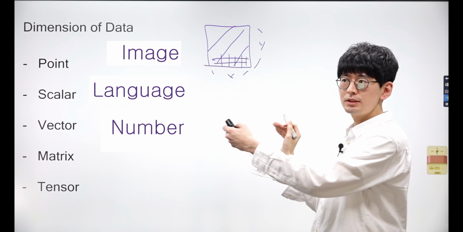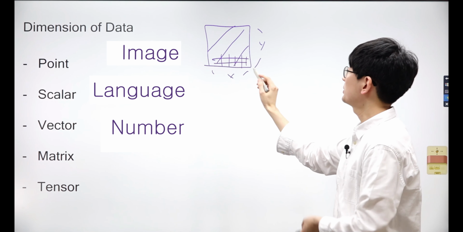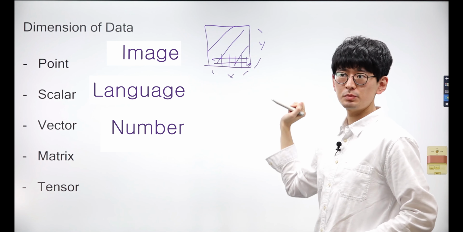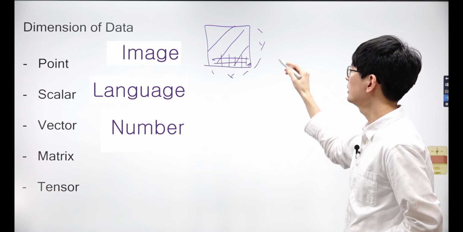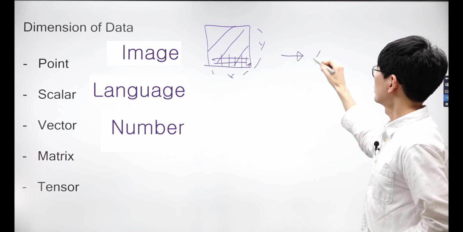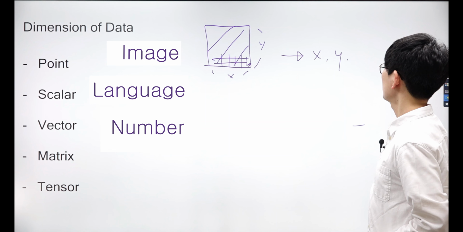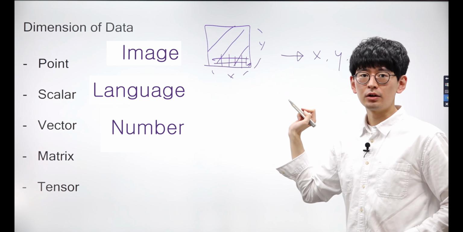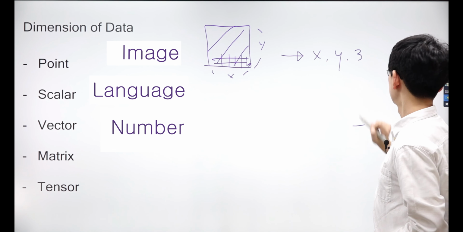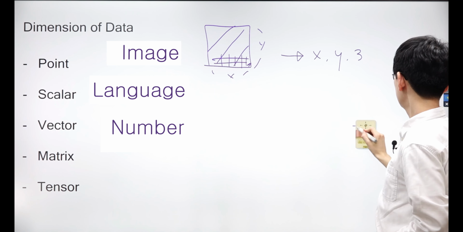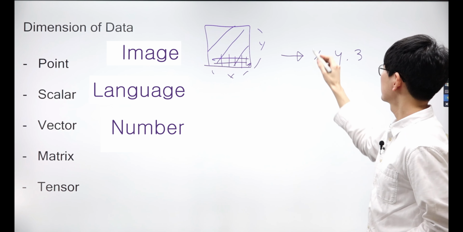Therefore, an image essentially has dimensions of x and y, each representing the length and width of the image. Plus, for each pixel, there are RGB values. So, x representing the length, y representing the width, and RGB values together make an image, three-dimensional data.